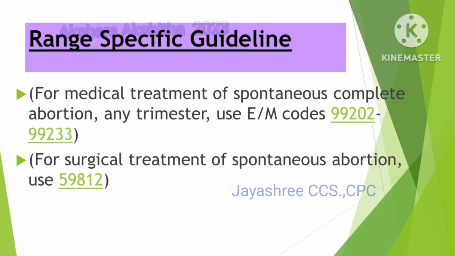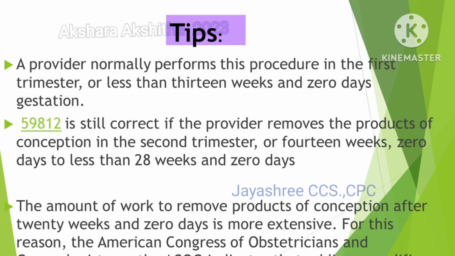Okay, there are some tips for incomplete abortion. If the provider performs this procedure in the first trimester, less than 13 weeks 0 days of gestation, 59812 is still correct. It is also correct if the provider removes the products of conception in the second trimester, 14 weeks 0 days to less than 28 weeks of gestation.